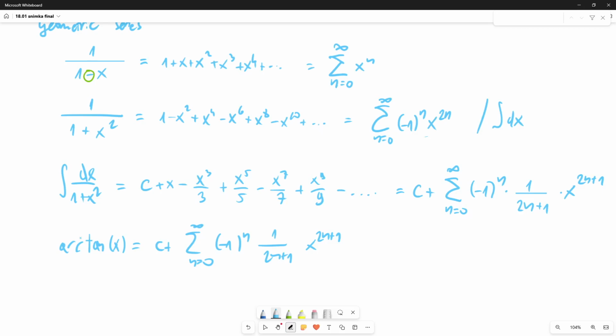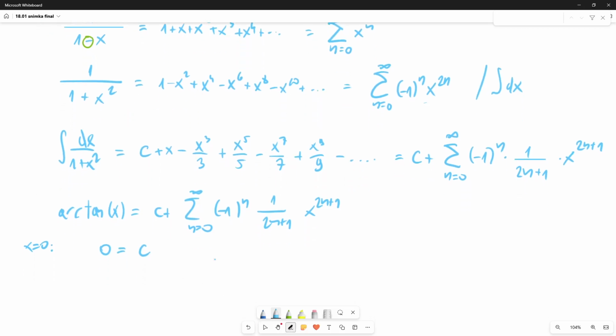If we plug in x equal to 0, then we obtain 0 equal to c, because all of those terms in the sum disappear because x is 0, and all that remains on the right hand side is c, and all that remains on the left hand side is 0.